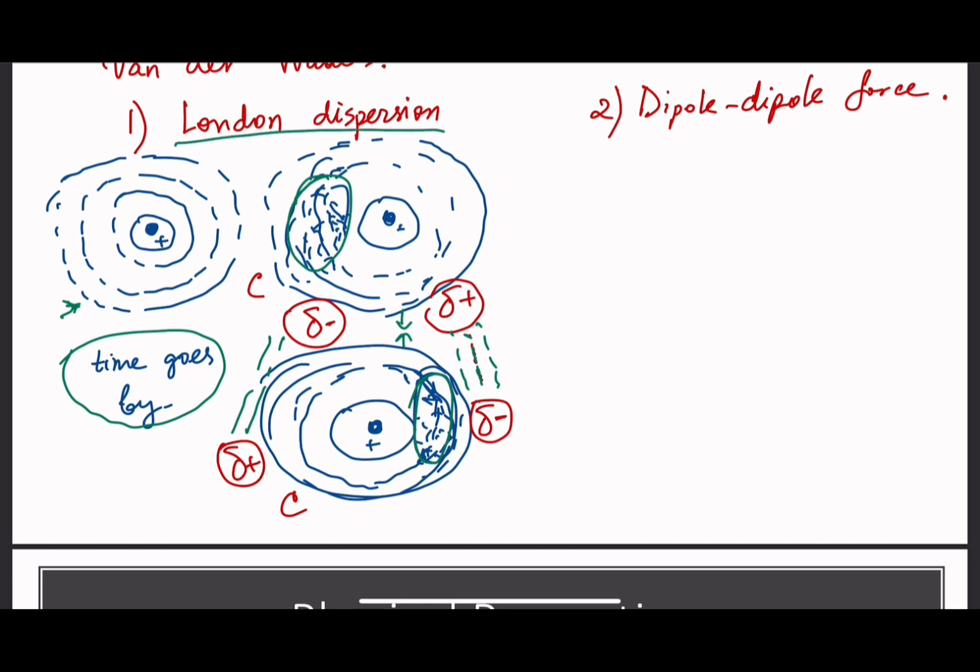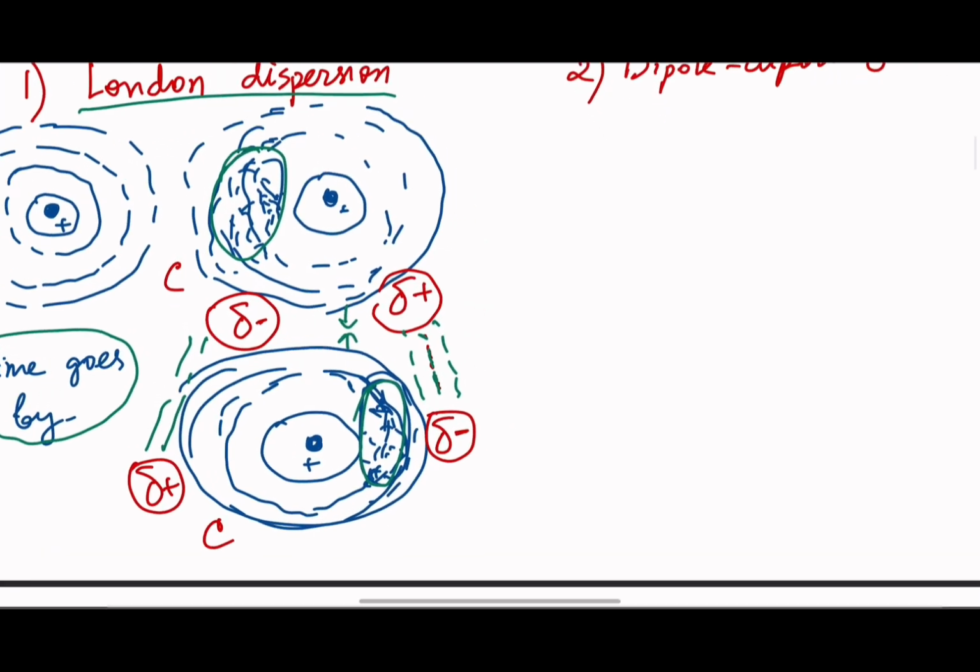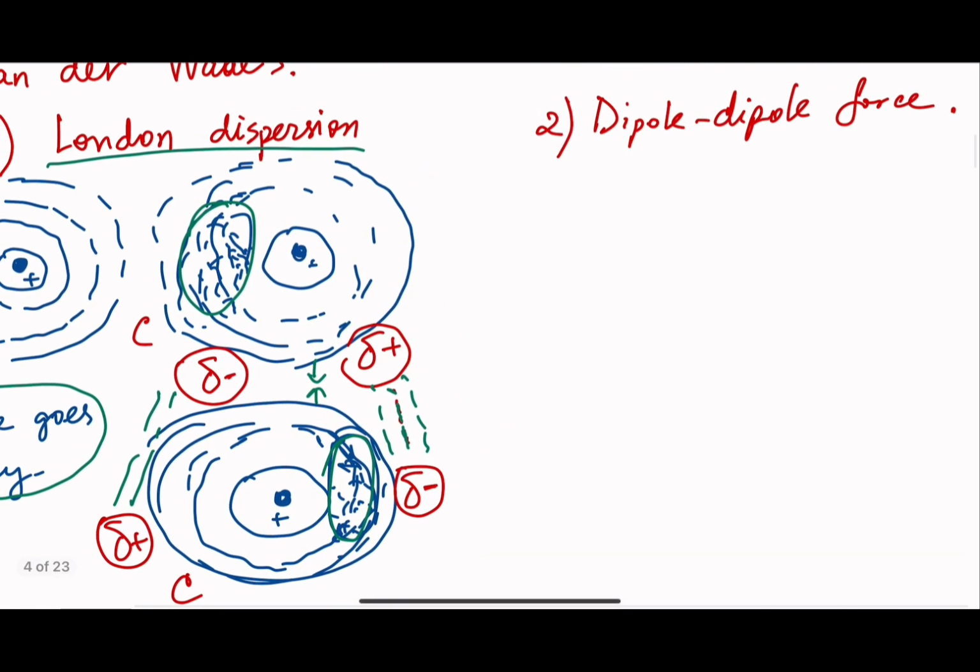While dipole force is another type. Let's say you have this compound where you have carbon, two hydrogens, and then two chlorines.